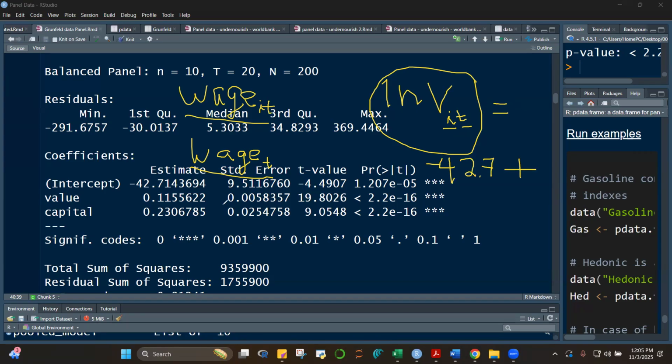Plus 0.11, okay, times value sub IT plus 0.23 times capital, I'll just shortcut it, sub IT, okay, and then plus epsilon sub IT.